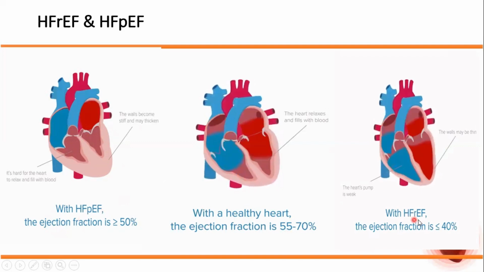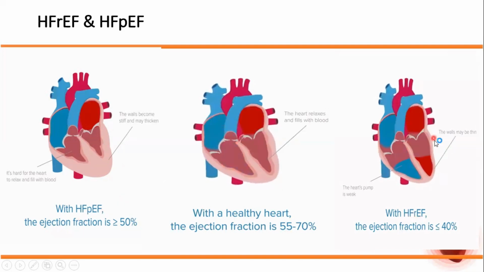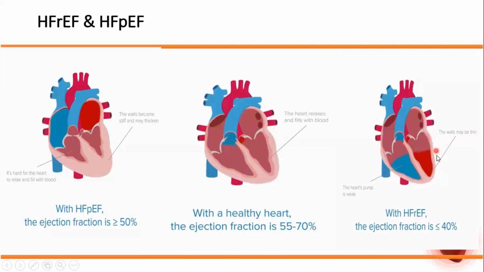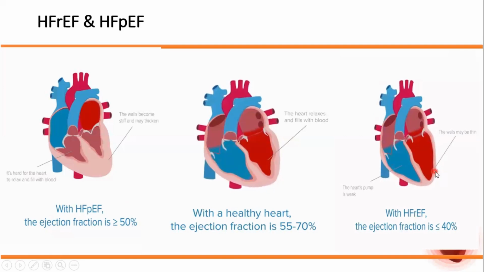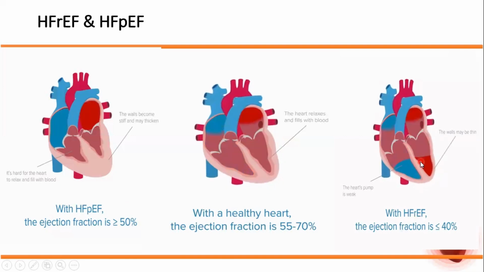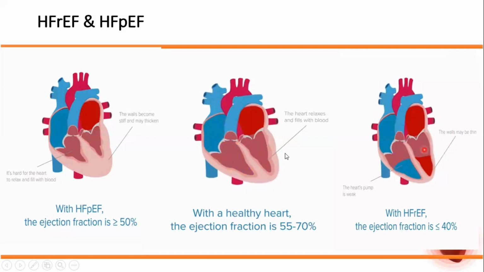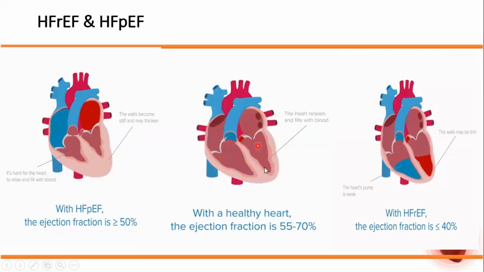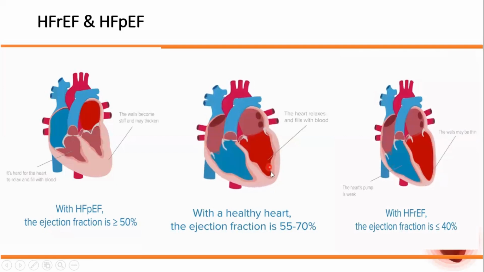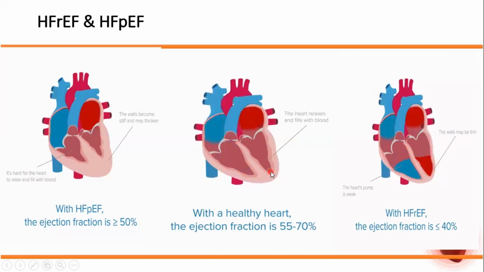With HF-REF, there is sufficient space within the ventricle. In fact, the walls of the ventricle become very thin and at the same time weak. So, as you can see, in a normal heart, all the blood coming into the left ventricle goes out on contraction.